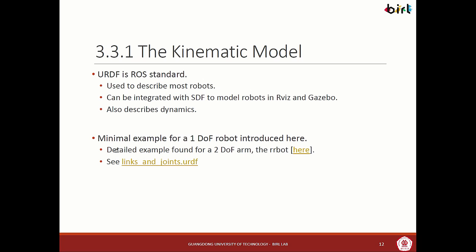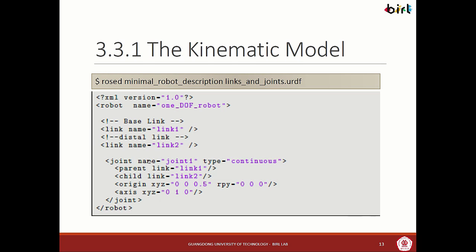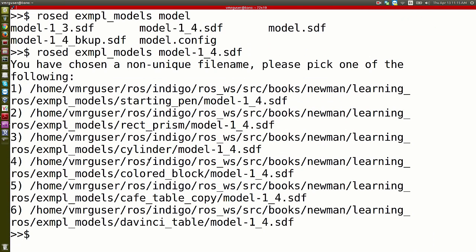Then for your homework, you're gonna do the detailed example for a 2 degree of freedom arm. Okay, and the link is here, so you can click there and go to this tutorial. And so now we're gonna open up this links and joints URDF and minimal robot description. So we can say rosed minimal robot description, links and joints.